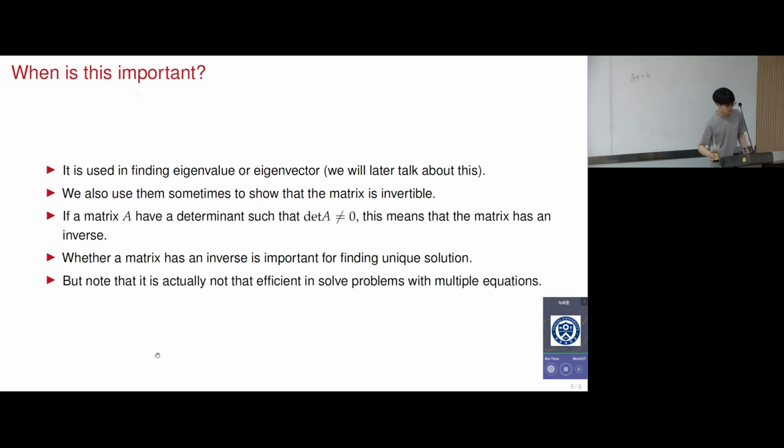But the problem is, whether a matrix has an inverse is very important for finding unique solutions, but note that it's not actually efficient in solving problems with multiple equations. If you're using computers, fine, but for example, 2x2 matrices are okay, just calculate determinants, maybe even 3x3, right? Even though there are a lot more variables, we still can do it.